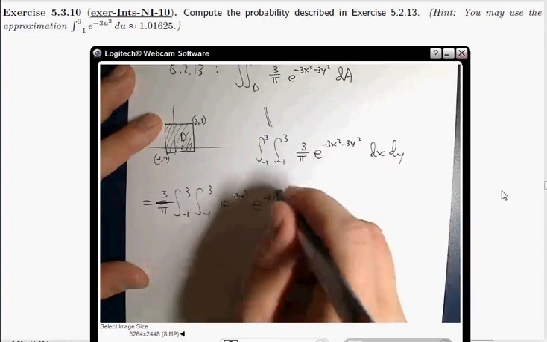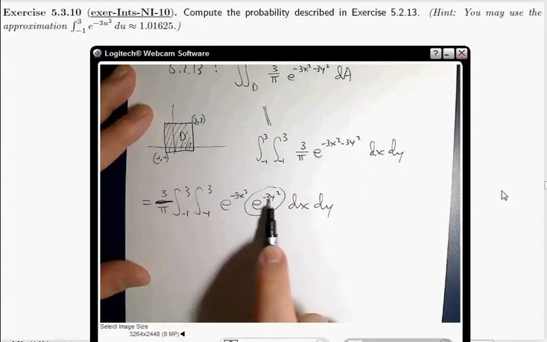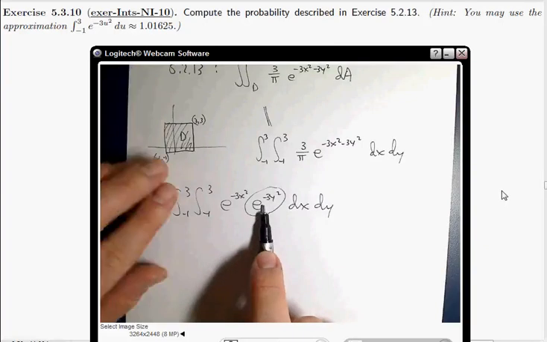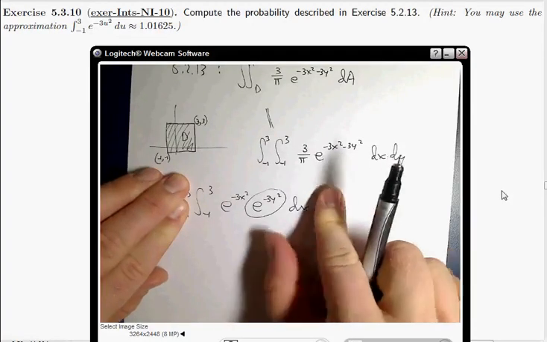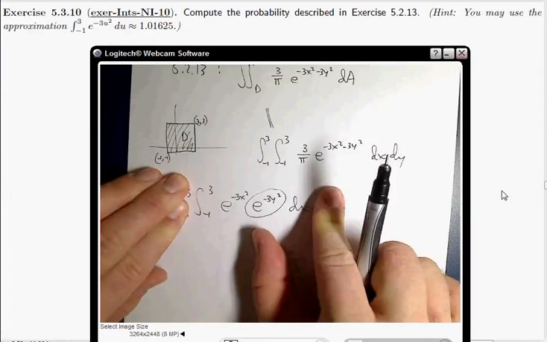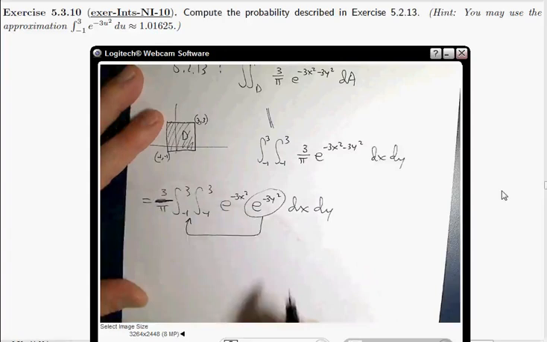And let's look at this expression there. That is only y's. There's no x's anywhere in here. This inside integral that we're looking at is a dx integral. So for the purposes of this dx integral, y is a constant, which means that e to the negative 3y squared is a constant, which means I can factor that right outside of that dx integral.